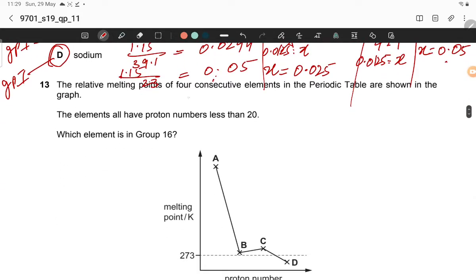The relative melting points of 4 consecutive elements in the periodic table are shown in the graph. The elements all have proton number less than 20.